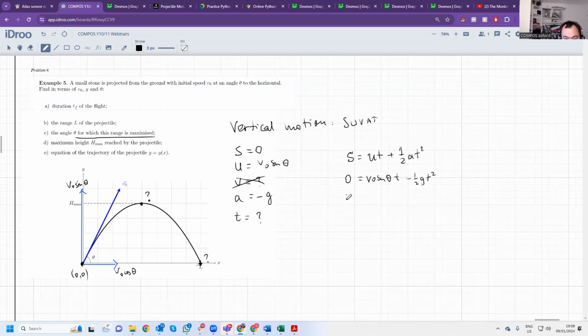Rearranging, we have 1/2 gt squared equals v0 sine theta t. We can divide by t. We are allowed to divide by t because t is not 0. Of course, the duration of the flight is not 0. Therefore, we can divide by t. So 1/2 gt is equal to v0 sine theta. So t is equal to 2 v0 sine theta divided by g. This is the time of the flight.